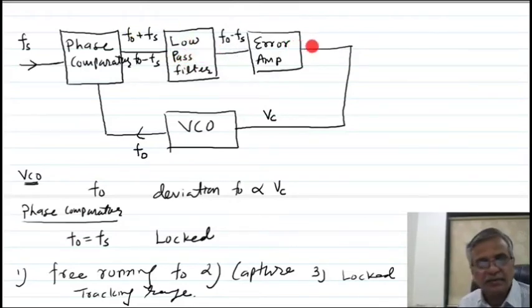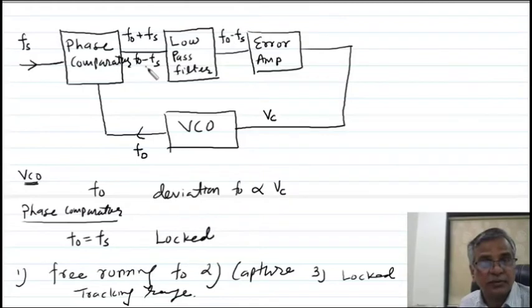So the error amplifier produces the error voltage, a DC voltage with a small beat frequency FO minus Fs, and this changes FO and tries to reduce the difference between the two. This process continues, and at every successive cycle, the difference FO minus Fs will be reduced.